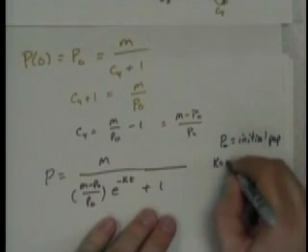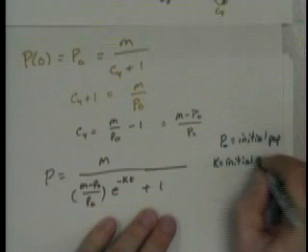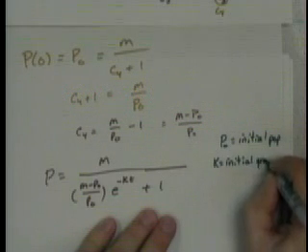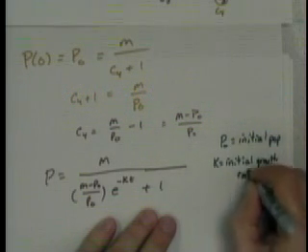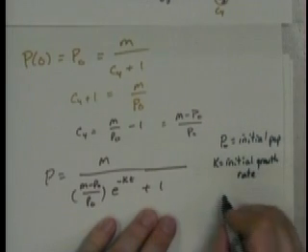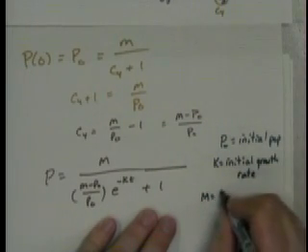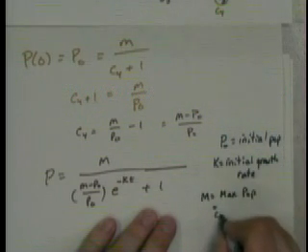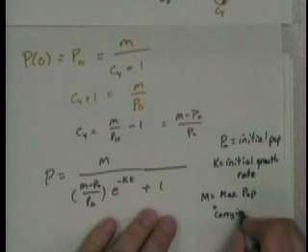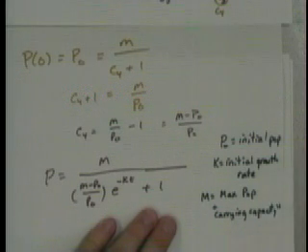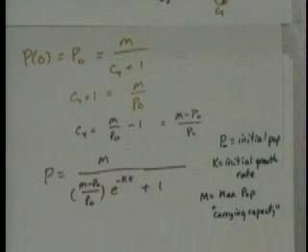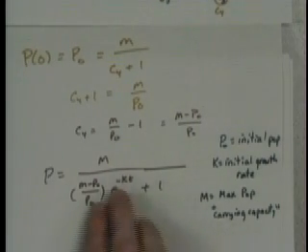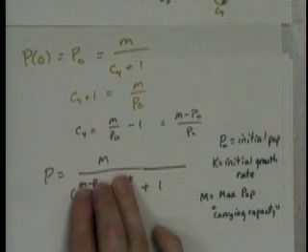K is actually going to be just the initial growth rate because it's going to change. And then M is the maximum population, sometimes called carrying capacity. As t goes to infinity, you can see the e to the minus kt goes to 0, and I just get M over 1.